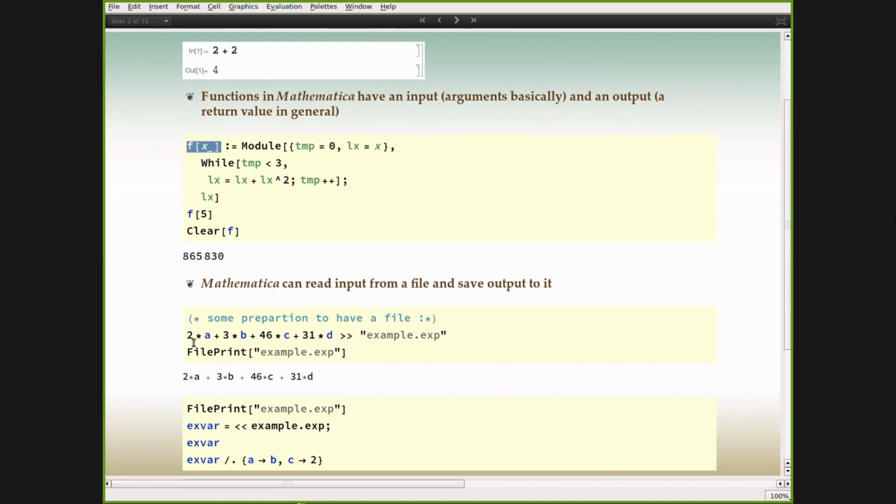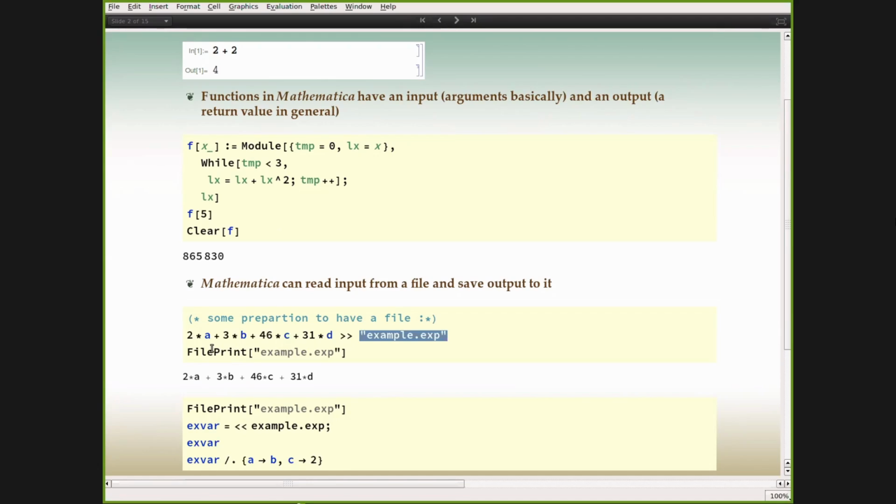If you have, for example, a formula you would like to save to a file, you simply have to redirect it with this double arrow, which is composed of the larger than sign, and then specify the name of the file you would like to save it to, and that's it. That's done.